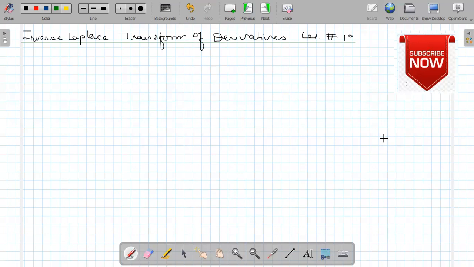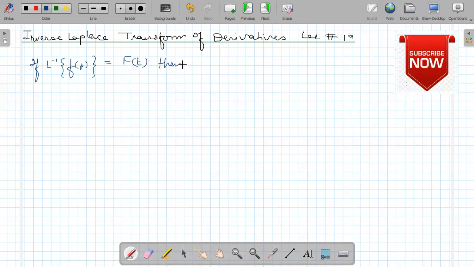So let me state this property. This property is: if Laplace inverse of F(p) is equal to f(t). As usual, we denote the Laplace inverse of function of p by function of t.